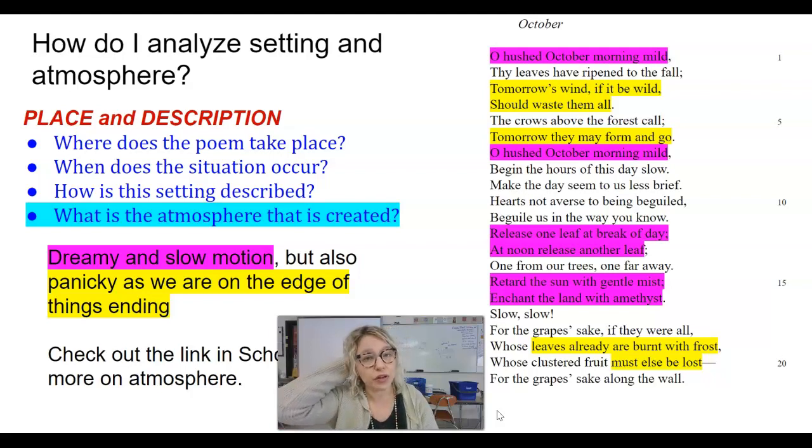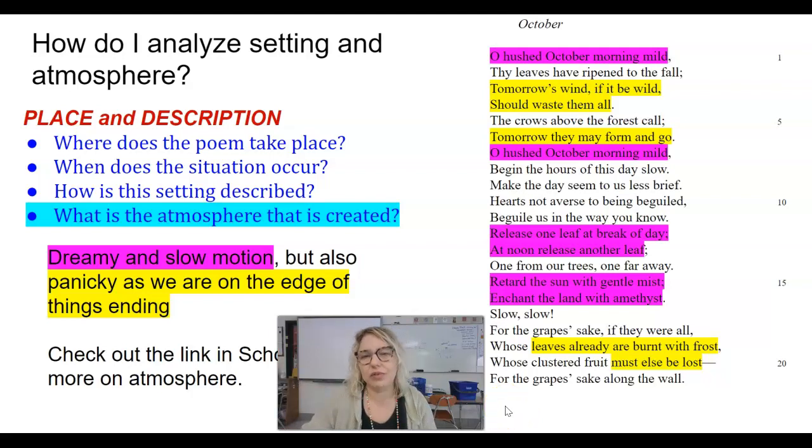I think it's more important, and IB says that they think it's more important, that you're able to identify the particular feeling more than the fact that you're able to identify what is tone and what is mood. So be precise in looking at the feelings that are created, and don't worry as much about the labels.